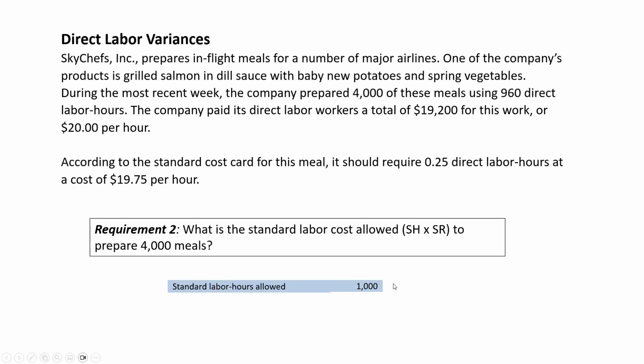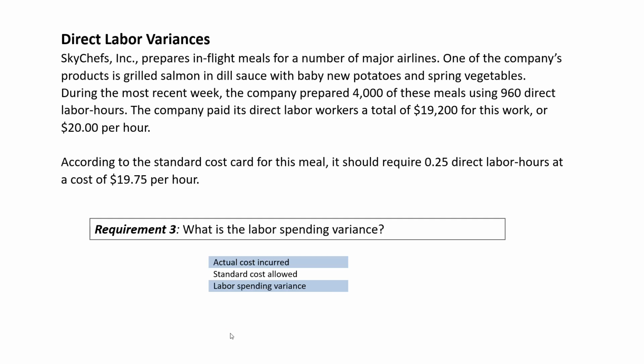Now that I know it's 1,000 hours, let's get this standard cost times $19.75, our anticipated wage rate per hour, which would be a standard cost allowed or flexible budget amount of $19,750. Now that I know that, let's subtract that from the total actual cost of labor of $19,200 minus the standard cost allowed that we just calculated of $19,750.